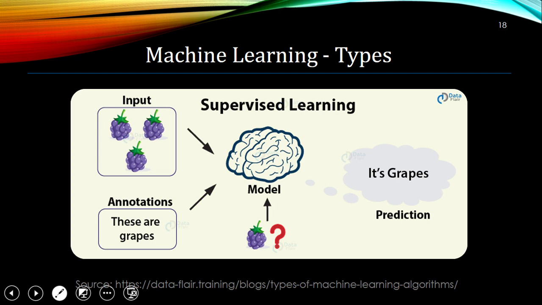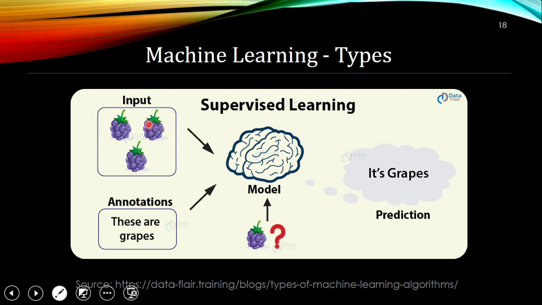You may recall supervised learning involves two phases, the training phase and the testing phase. In the training phase, we will be supplying lots of input data. In this case, lots of images, different images of grapes. Along with this input, we will also supply label information called annotation.